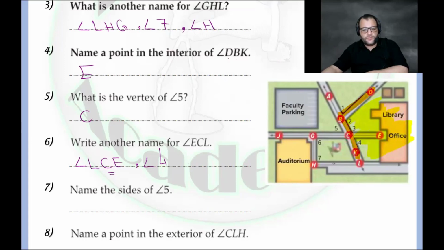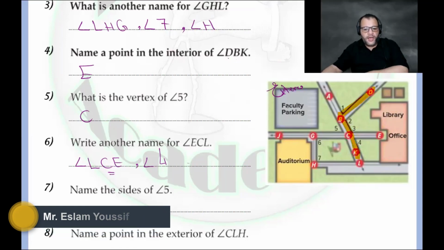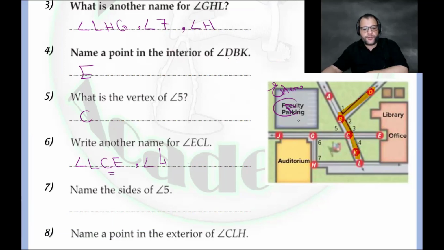E. So if I need the exterior region, can you give me a point that lies in the exterior? A, G, J, H, all of them lie in the exterior region. You understand now the difference? What about L?